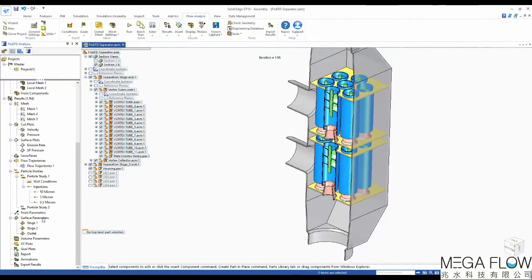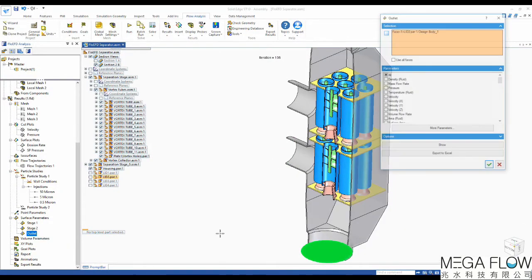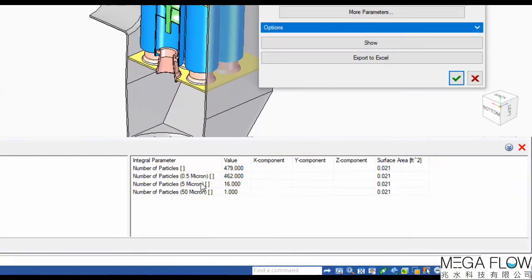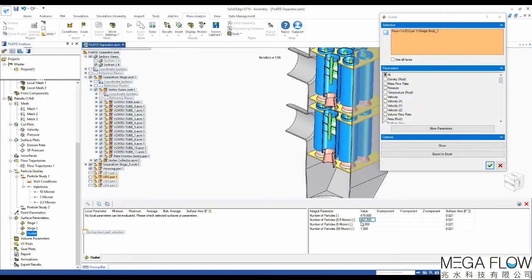And then finally, if we look at the outlet to understand how many particles are going down there, only 0.1% of the 50 microns are getting through, but for the 0.5 micron, you can see 462 of the original 1,000 particles are getting through. So only a 53% separation efficiency at 0.5 micron.